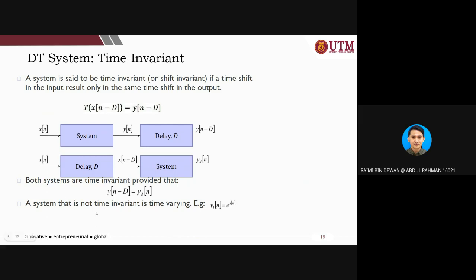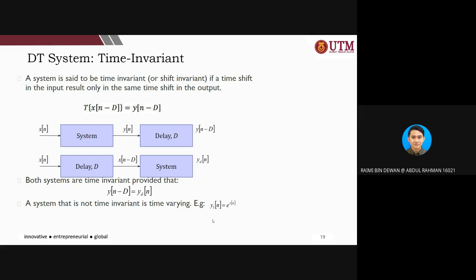A system that is not time invariant is time varying. You see here, for example, y[n] equals the exponent of e to the power n x[n]. If you have n equals 1, you have one answer; if you have n equals 2, you will have a different one, then e to the 3x.